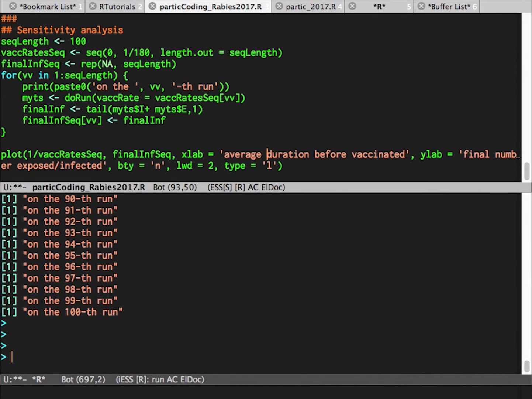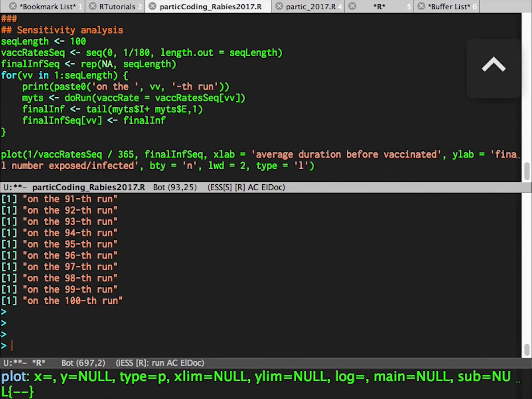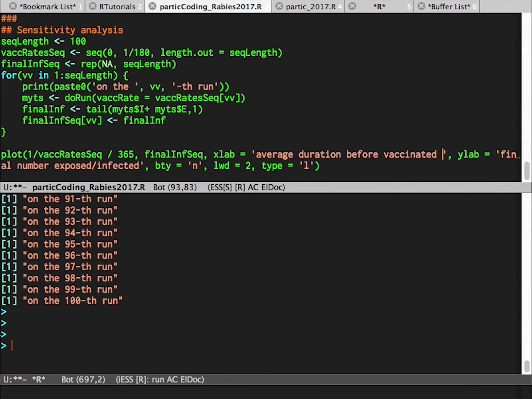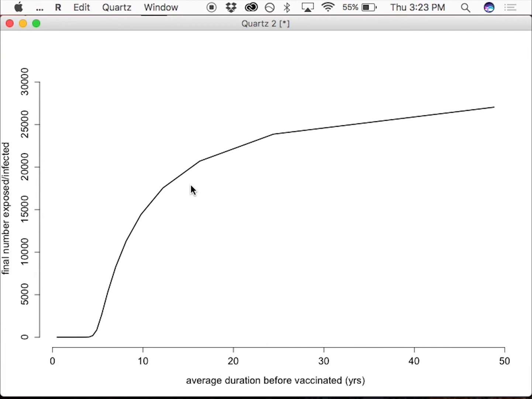Let's make it in terms of years, even better. And I didn't label the units, now I will. So it looks like in this model, if we vaccinate dogs within 5 years on average, that seems to be good enough.